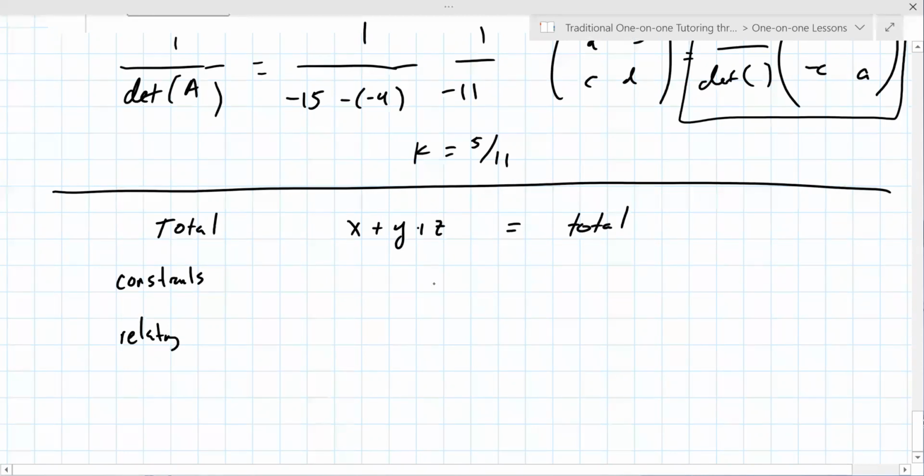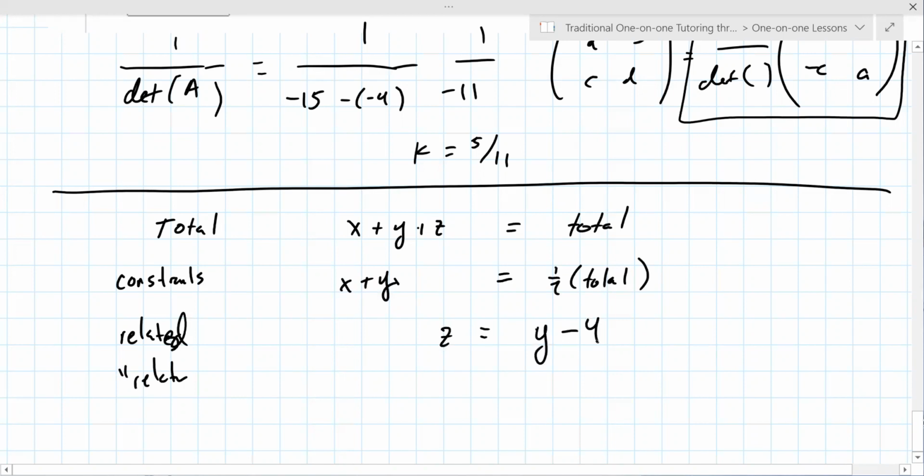So a constraint would be like x plus y has to be 1/4 of the total. And sometimes I call these relations, like z is 4 less than y. But there's generally always these.